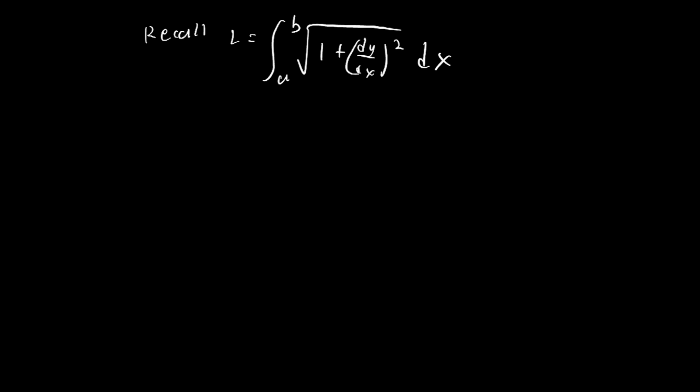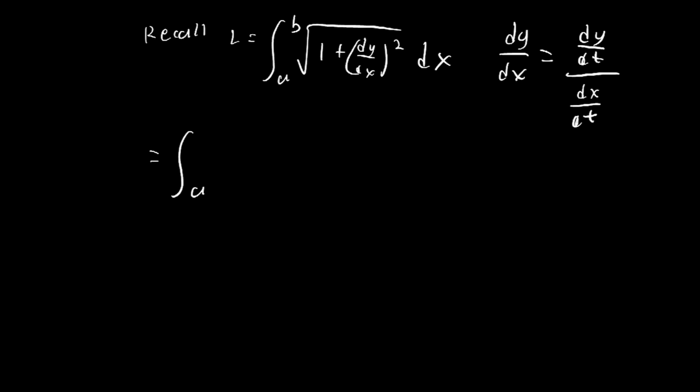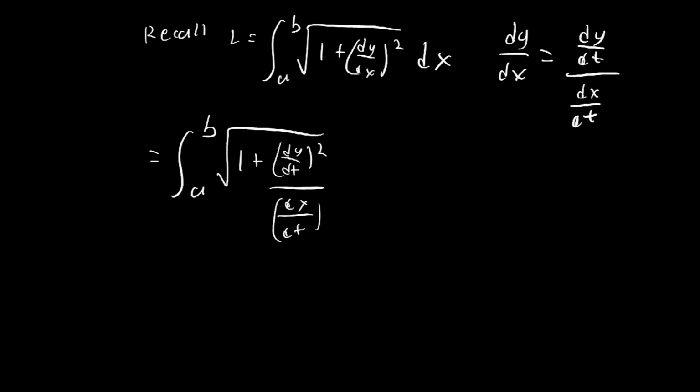Remember that dy dx is dy dt over dx dt. So we're going to say this is equal to the integral from a to b of the square root of 1 plus dy dt squared over dx dt squared dx.